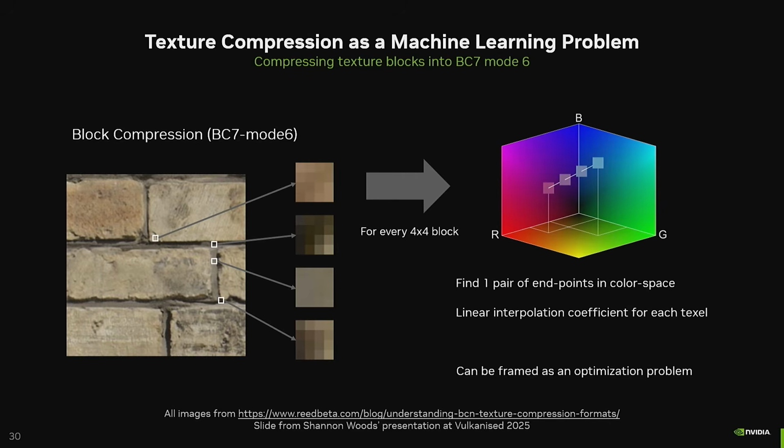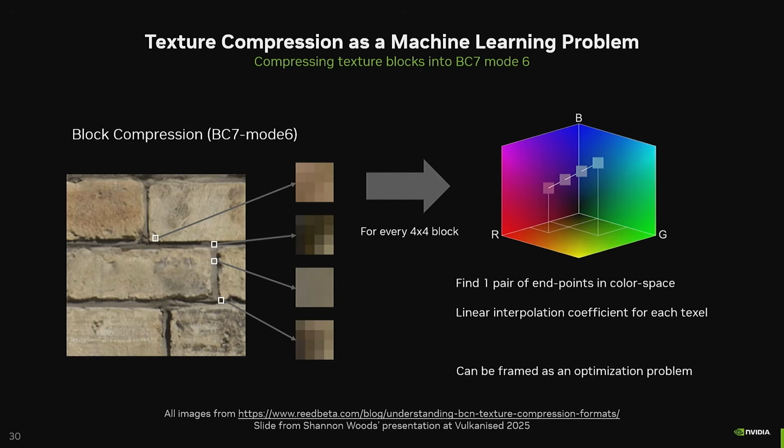The colors in the block are interpolated between the endpoints. So for simplicity, let's consider just BC7 mode 6, which has one pair of endpoints for the entire block, and some weights that interpolate between these endpoints to get the colors for the individual texels. So for the block, we store one endpoint, the other endpoint in color space, and 16 weights for interpolation.